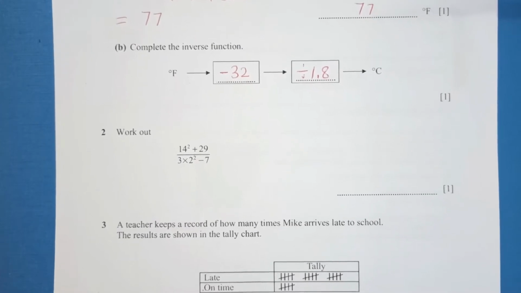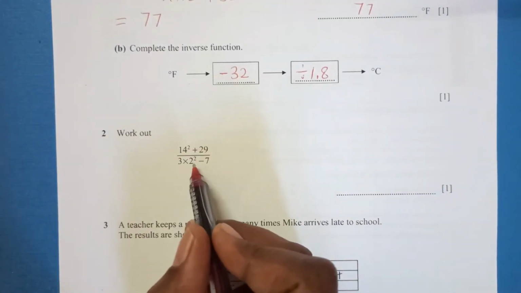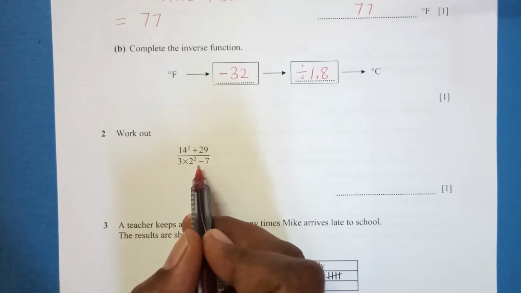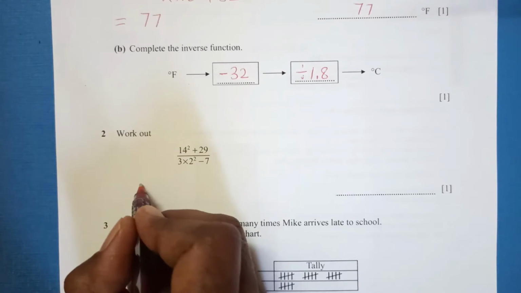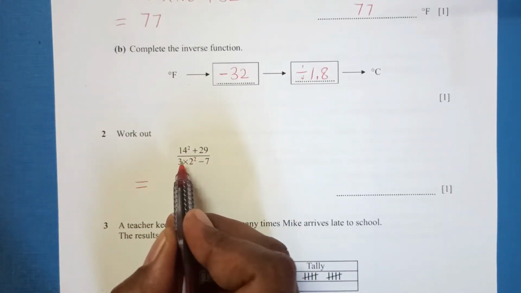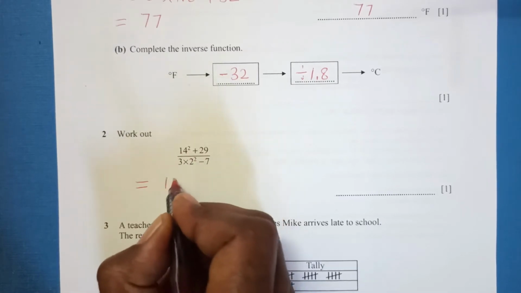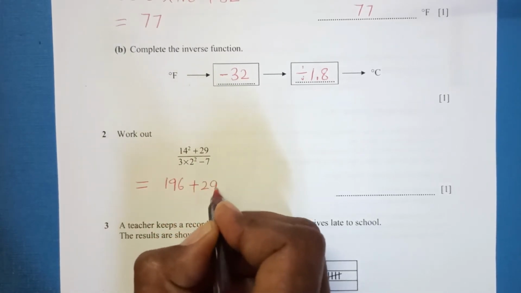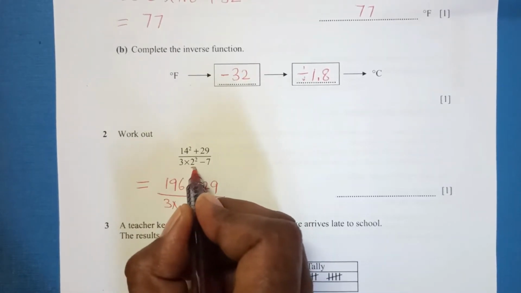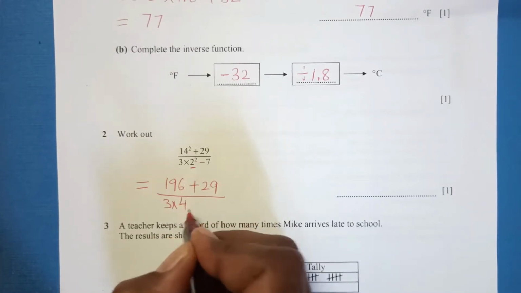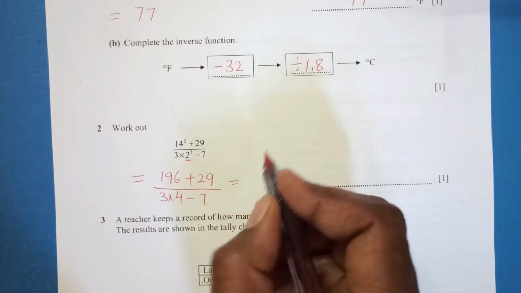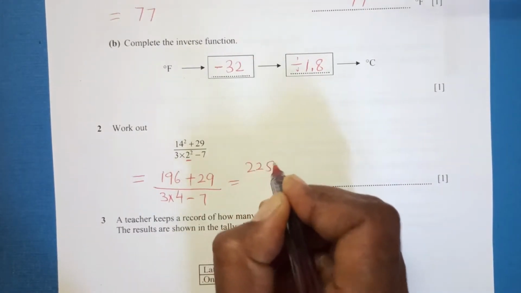Now question number 2. Work out 14 squared plus 29, over 3 times 2 squared minus 7. So this can be done step by step, or directly you can use the calculator, but it's better you use step by step. 14 squared is 196 plus 29, and when you add this, you will get 225.